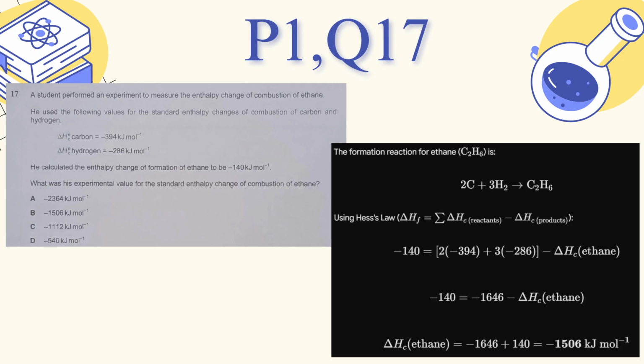So we get minus 140 equals 2 times minus 394 plus 3 times minus 286 minus the enthalpy change of combustion of ethane. And then using algebra we get the enthalpy change as minus 1506 kilojoules per mole. The answer is B.